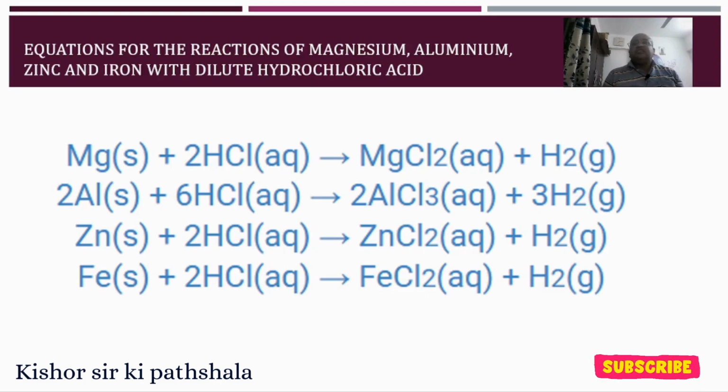Now let's see the reactions which take place with dilute hydrochloric acid. Magnesium with hydrochloric acid gives a salt, magnesium chloride, MgCl2, plus hydrogen gas is evolved. We have already seen how to balance a given chemical reaction. Aluminium reacts with dilute hydrochloric acid to give aluminium chloride, AlCl3, plus hydrogen gas. Zinc gives zinc chloride, ZnCl2. Iron gives iron 2 chloride, FeCl2, plus hydrogen gas is evolved.